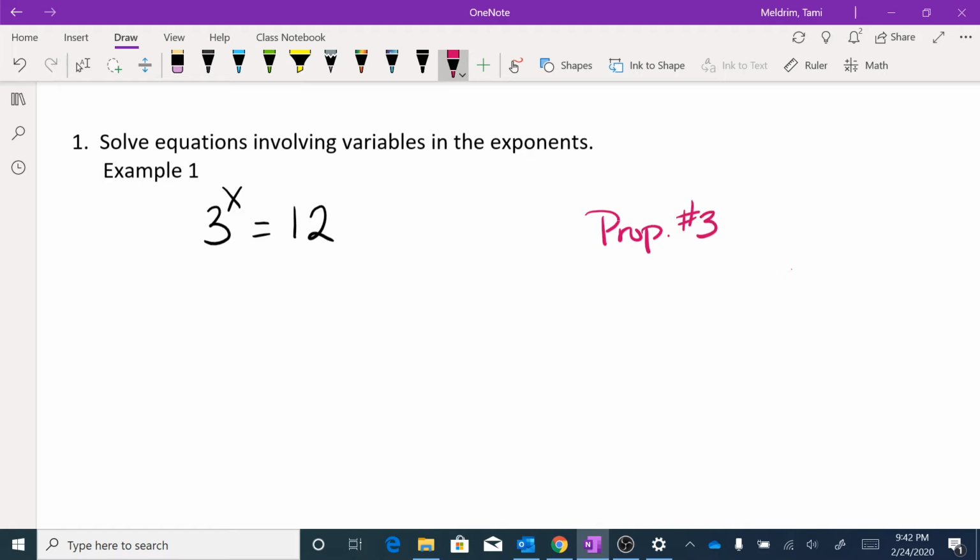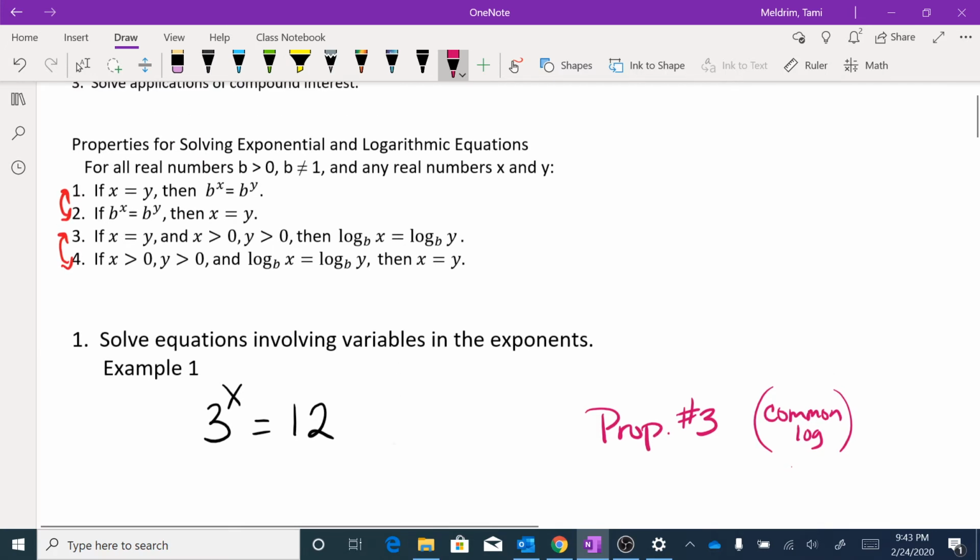That's right above. And we're going to use our common log, which remember that's the base 10. We don't have to write a base on it. And this is also what we can use in our calculator. So if you cannot get the same base, I am going to use number 3.